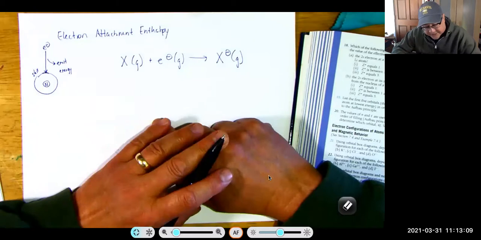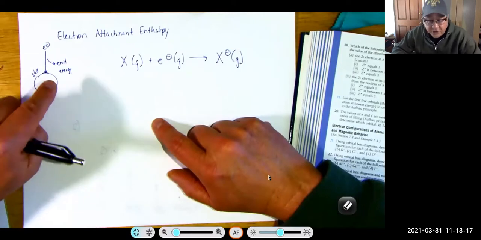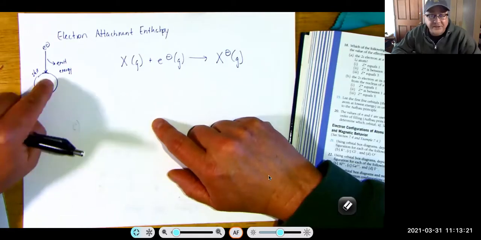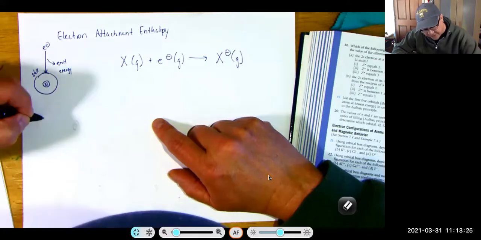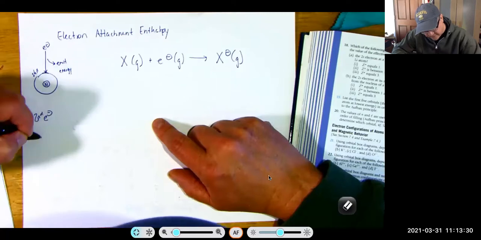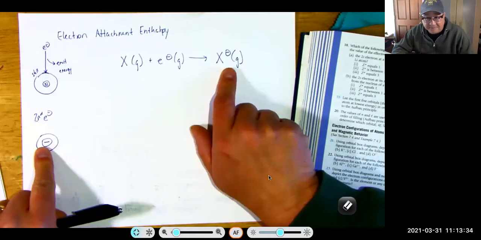The interesting thing is there are electron attachment enthalpies. There's like for getting 1 electron, for getting 2, for getting 3, and so forth. Only the first one emits energy. And the reason only the first emits energy is because the second one, you're putting on a negatively charged atom.